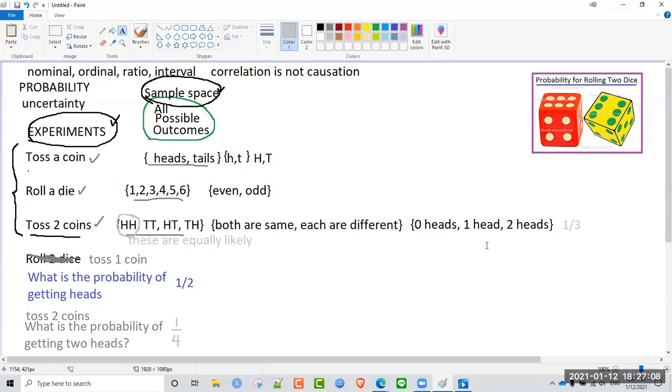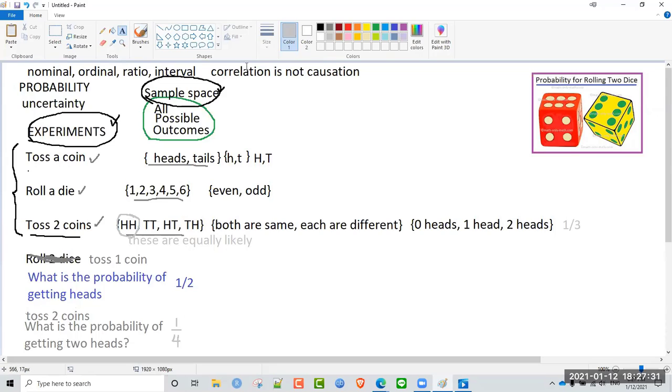So I don't know what it is. But if these are equally likely, and it turns out that they are, then it's 1/4, 1/4, 1/4, 1/4. Okay, does everyone get this idea? Yes, Professor.